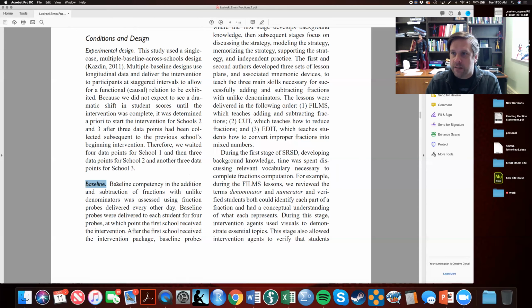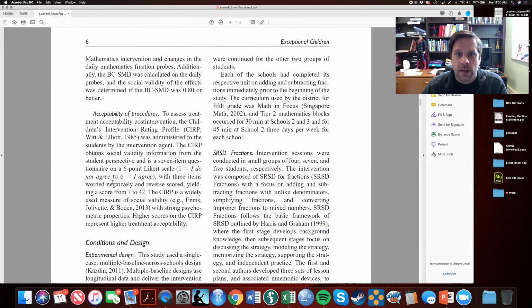We need some sort of baseline that says, this is where the students would have been had the intervention not happened. And so this section is going to discuss what they were doing in their general education setting or wherever they were, what program they were using. You can actually see that we discuss that Math in Focus, Singapore Math, is what they use in Tier 2 mathematics blocks, how long that occurred, how often they were getting it, those kinds of things.